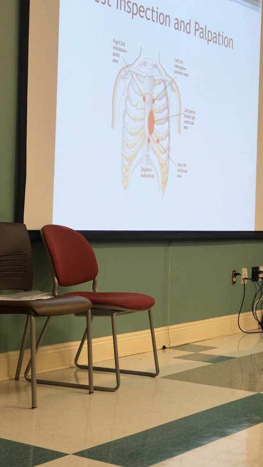The epigastric xiphoid process, if the person has an enlarged heart or enlarged myocardium due to COPD, you can palpate there. And at the apex, the left ventricular area, you palpate at the fifth intercostal space in the midclavicular line.